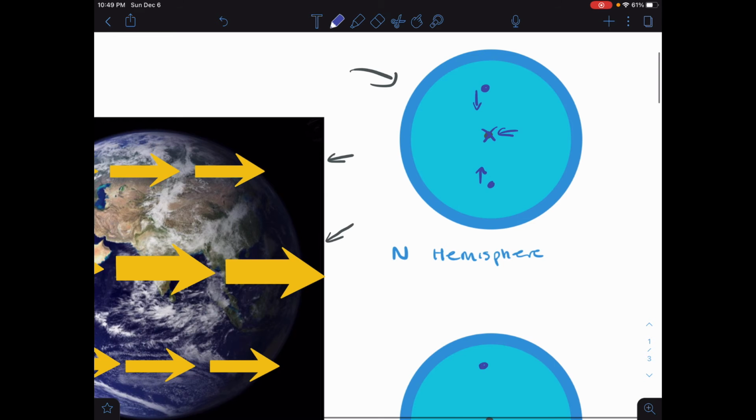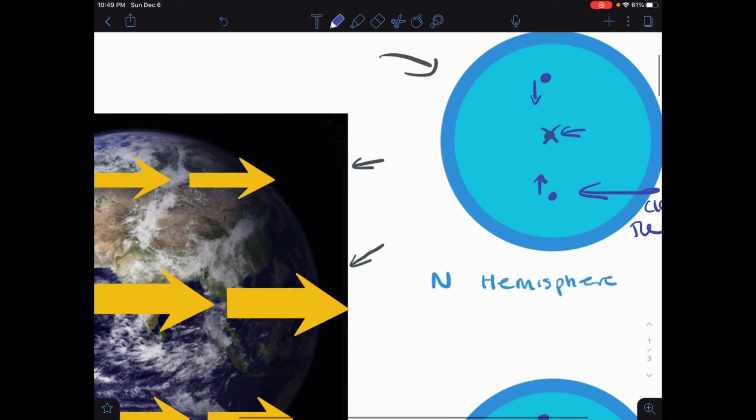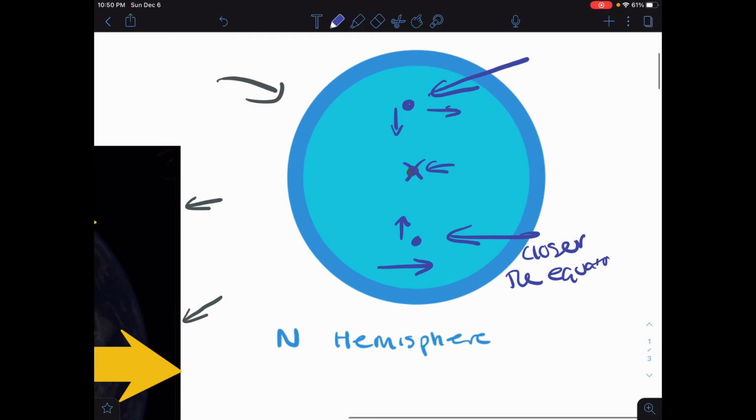But on the northern hemisphere, because this plug is closer to the equator, this one has a larger initial speed that way. So it will keep going that way, while this one is closer to the pole, and therefore it has a smaller speed that way. So let's check out all the arrows.